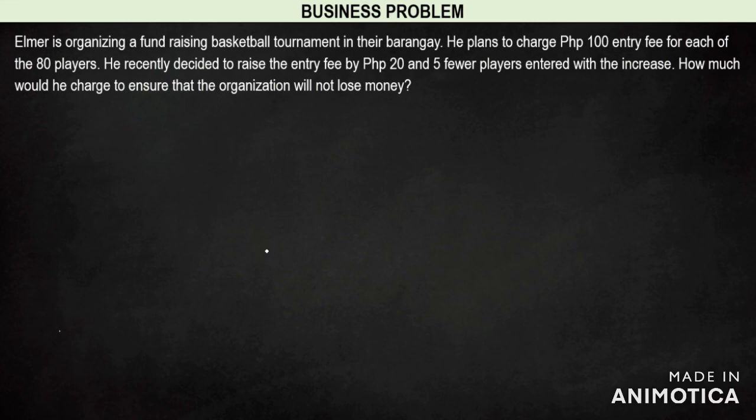So, how much would he charge to ensure that the organization will not lose money? Let us visualize first the situation. The fund, F, is determined by getting the product of the entry fee times the number of entrants.